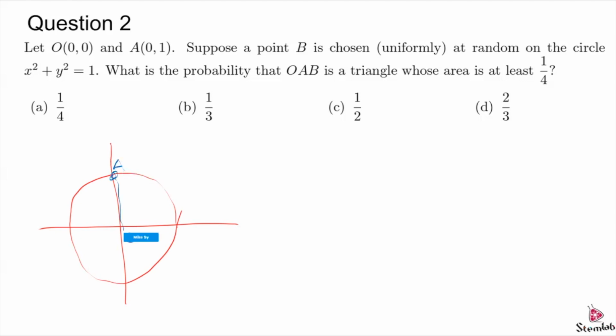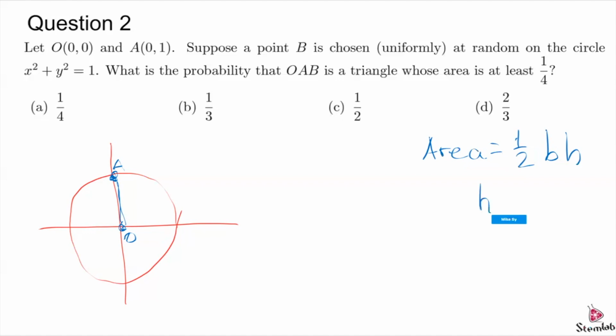So the base of our triangle is 1, if we let the base be AO. So we know that the area will be equal to 1/2 base times height. So we want that to be at least 1/4. The base AO is 1. So H must be at least a half.